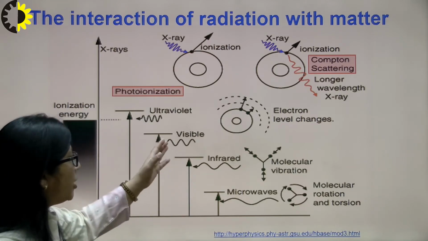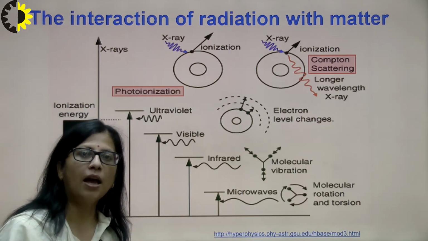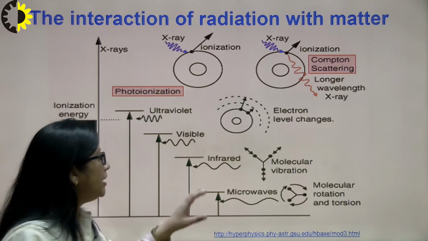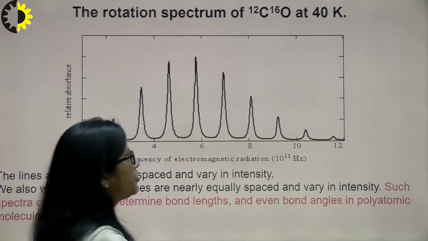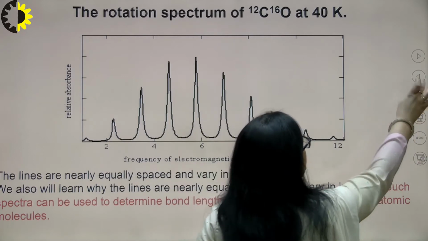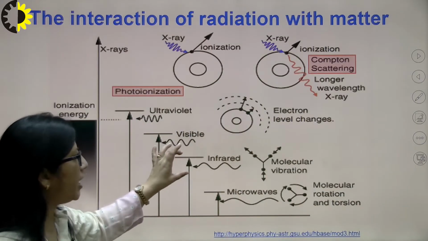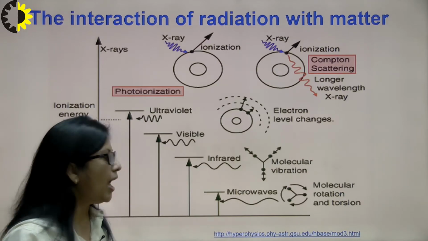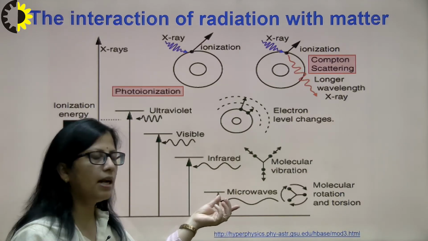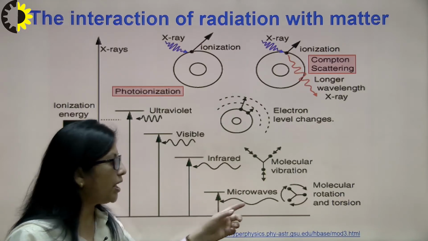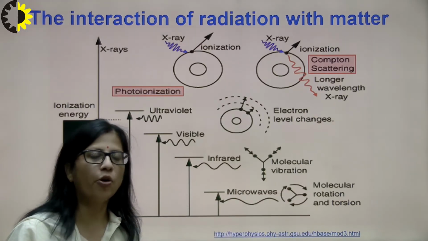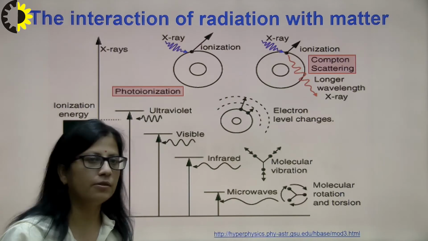In the visible range, again the pi electrons can be studied. In the infrared radiations, we can observe the molecular vibrations, and on the longer wavelength side, that is the microwave side, we can observe the molecular rotation or the torsion.